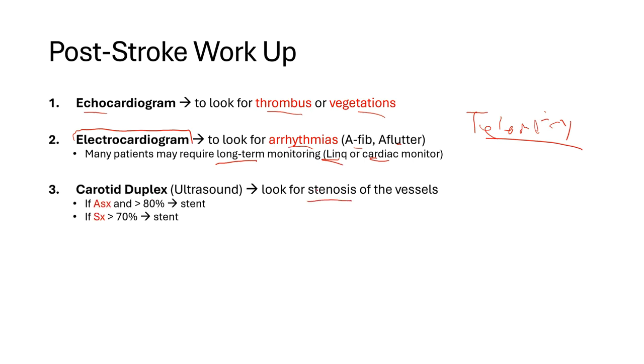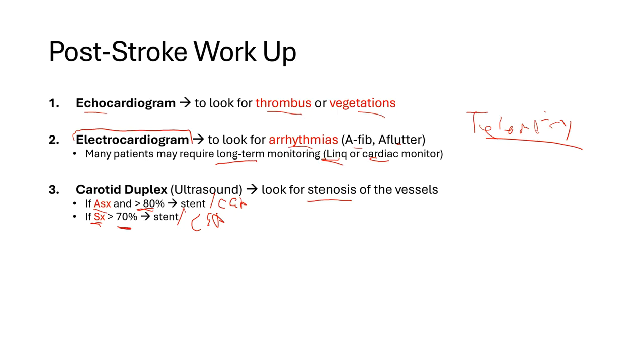This looks for stenosis. Now, if an individual just gets a normal carotid duplex, if they're asymptomatic and their stenosis is greater than 80%, they can go for a stent or CEA, a carotid endarterectomy. In the purpose of strokes, if they're symptomatic, aka they just had a stroke, and their stenosis is greater than 70%, then they can go for a carotid endarterectomy, aka, or a stent.